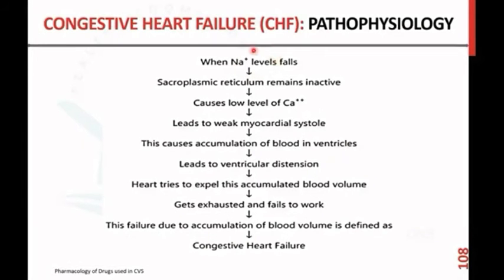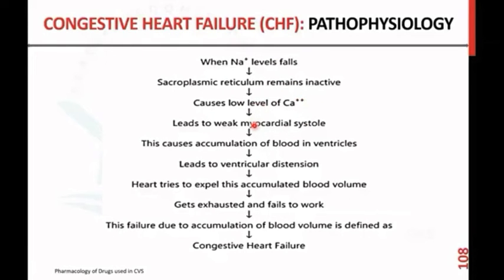Next we see the uses. Digoxin therapy is indicated for patients with severe left ventricular systolic dysfunction after beginning vasodilator and diuretic therapy, and it is not indicated for right ventricular or diastolic dysfunction.